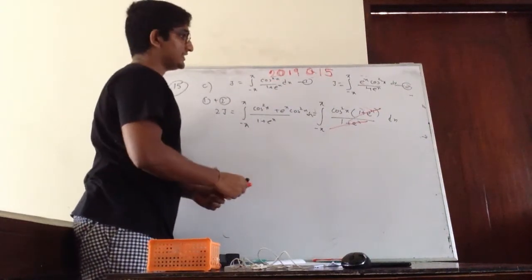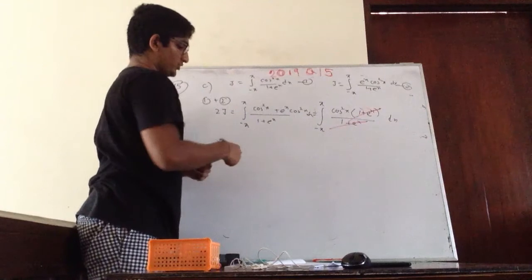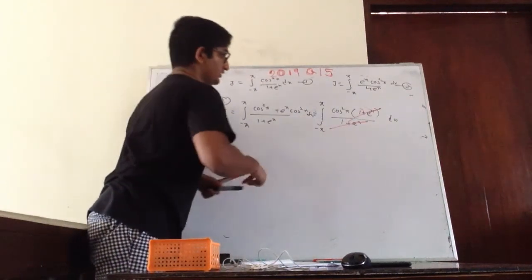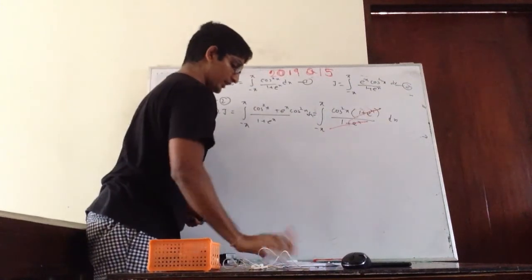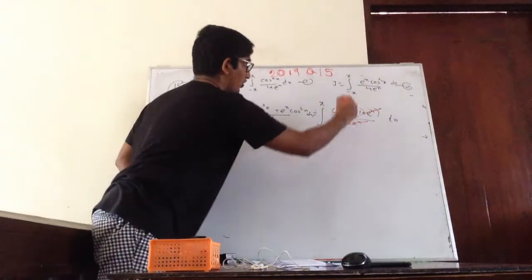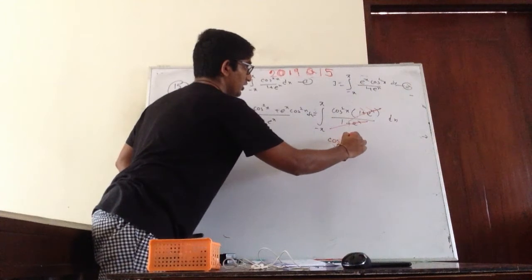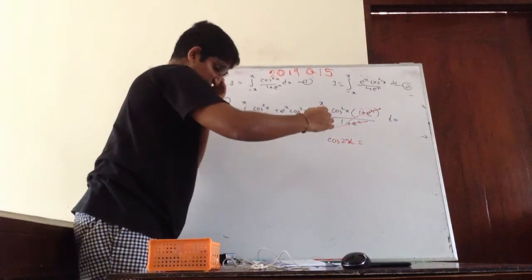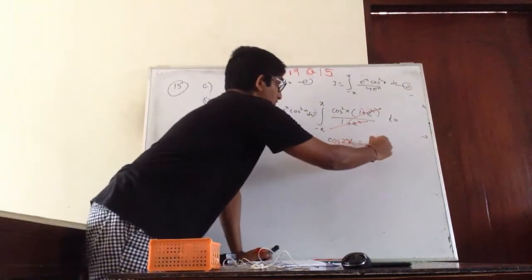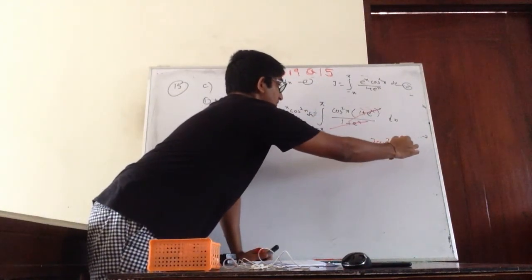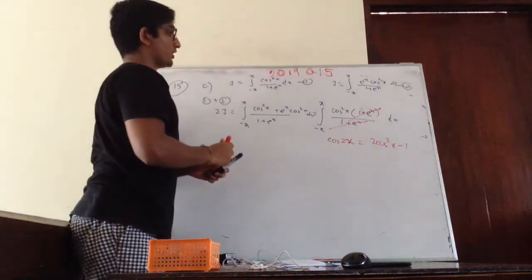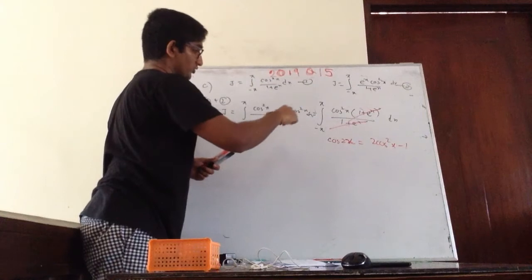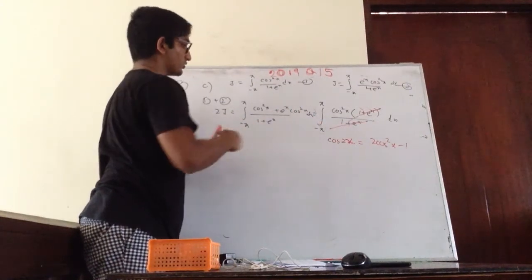So cos squared x dx can be written as what? I can use the cos 2x formula. Since cos 2x is 2 cos squared x minus 1, I can write cos squared x as cos 2x plus 1 over 2.